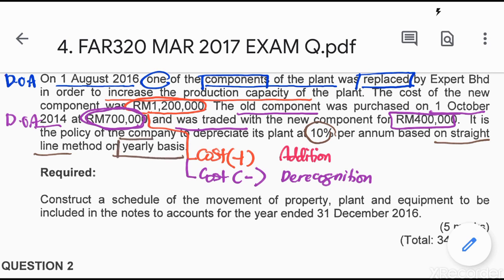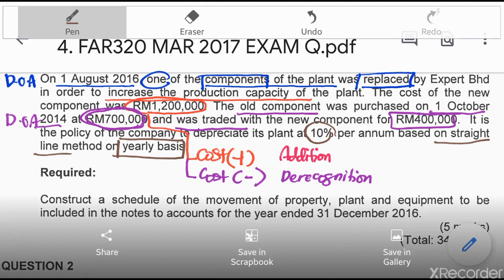So if you can still recall in our previous video, yearly basis means what? No depreciation in the year of disposal, meaning that for that 700,000 that was disposed, the old component, there is no depreciation for it. However, when it was bought in 2014, 1st of October, you charge full year depreciation.